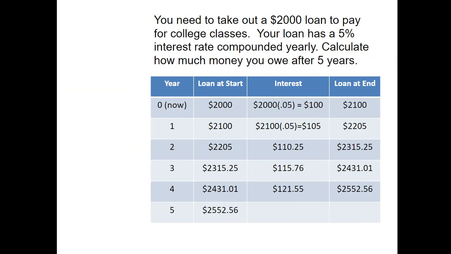This isn't something that you'll be tested on, but it's something that you need to know. Simple interest versus compound interest. The loan at the end of year 1 is $2,205, and that becomes the start of the next year. And then you calculate your interest from there.